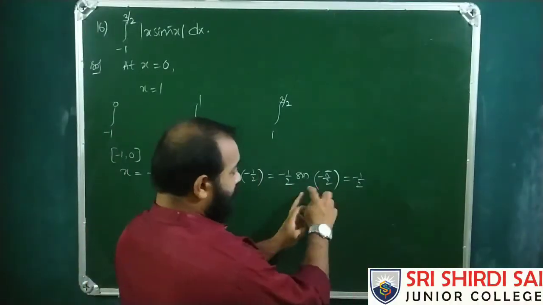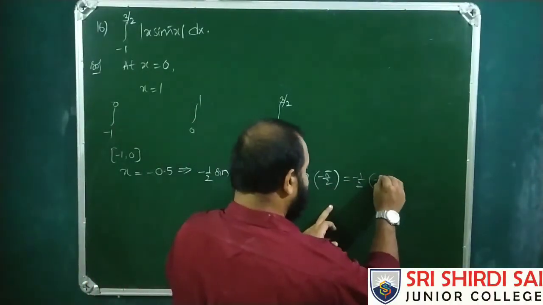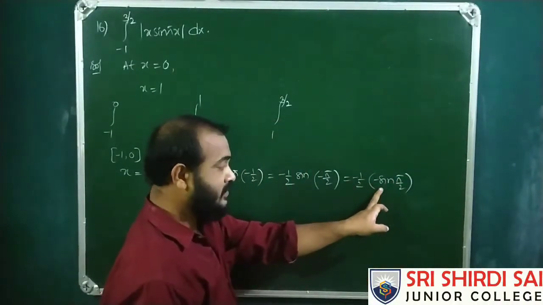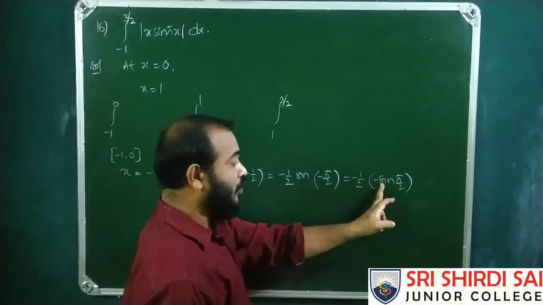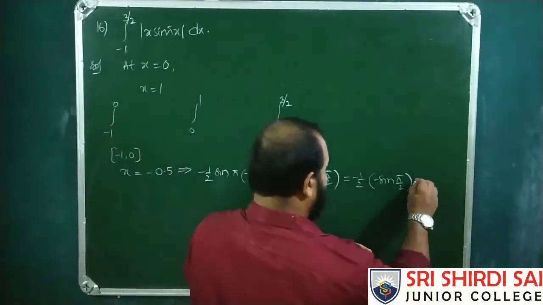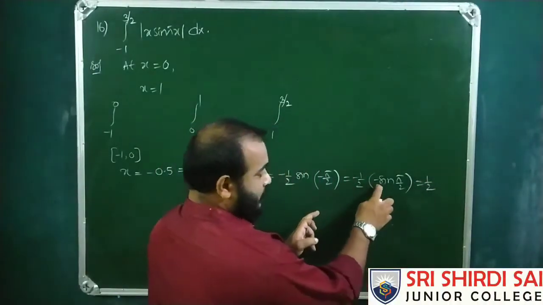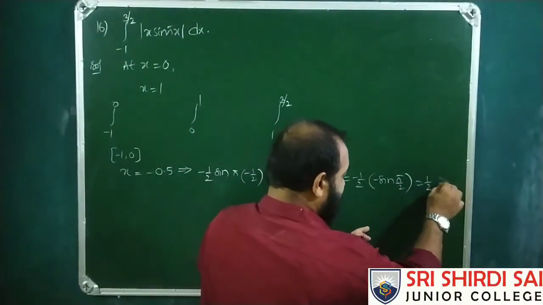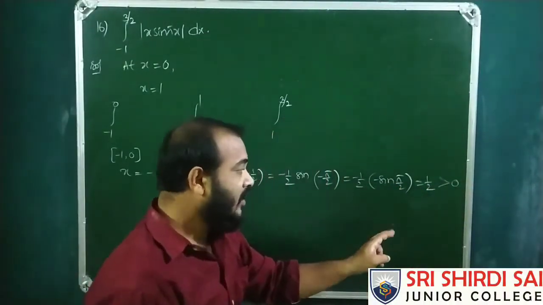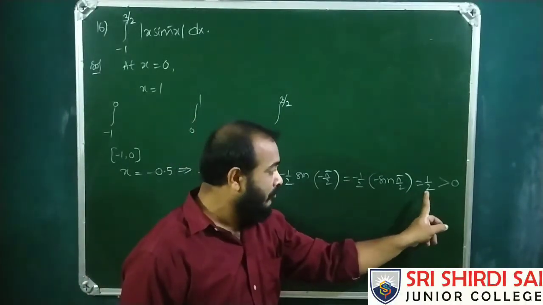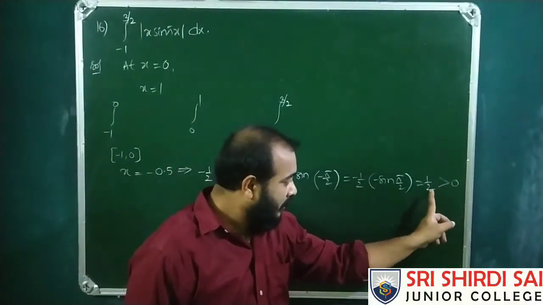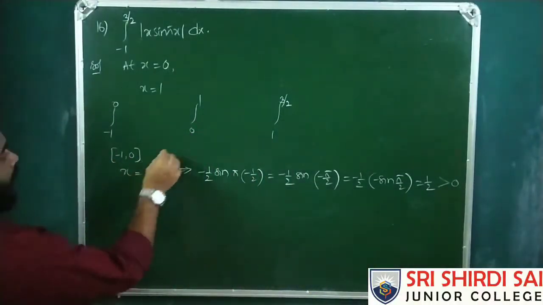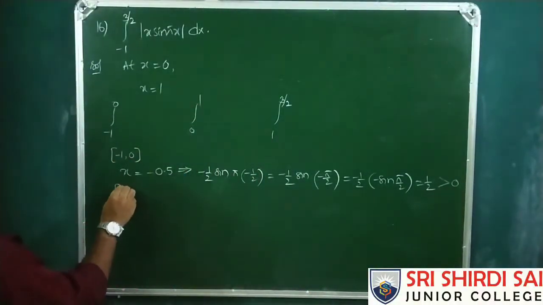Sin minus theta is minus sin theta, so minus sin pi by 2; minus into minus is plus. So 1 by 2 into sin 90, and sin 90 is 1, so 1 by 2, which is greater than 0. We are not interested in finding the numerical value, but we are interested in checking its sign. It is positive. And so between 0 and 1, let us see what will happen.